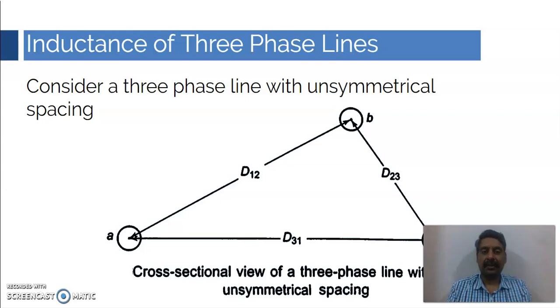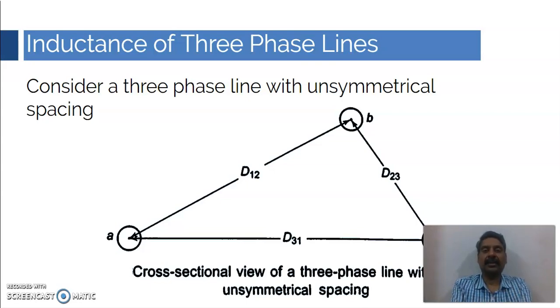if you look at this unsymmetry in the spacing, one of the problems with it is that the flux linked with these conductors is completely unsymmetrical. It is not uniform for all the three conductors.